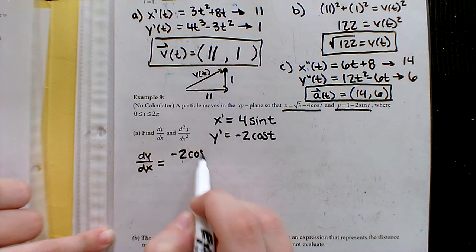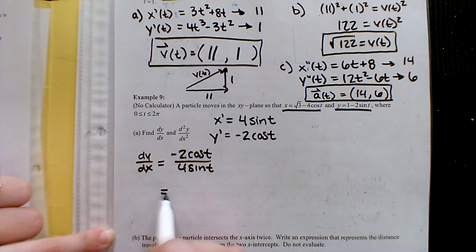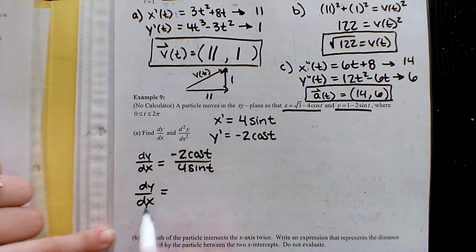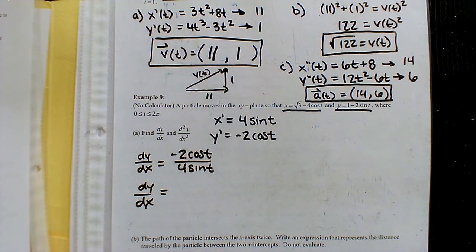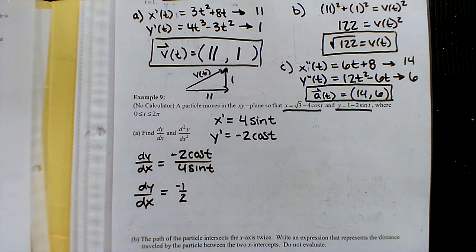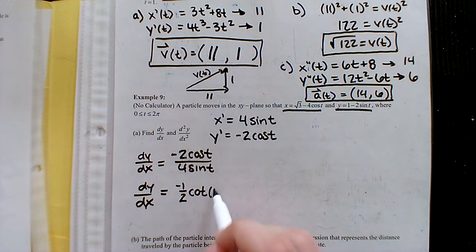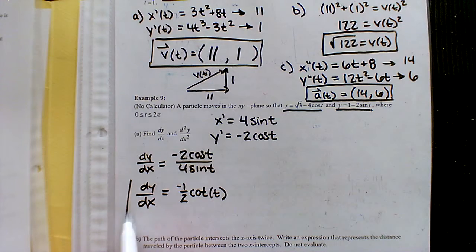So negative 2 cosine t over 4 sine t. And can we simplify it? What do you want to do? Negative 1/2. Close. Cotangent, yep. Cotangent t. Perfect.